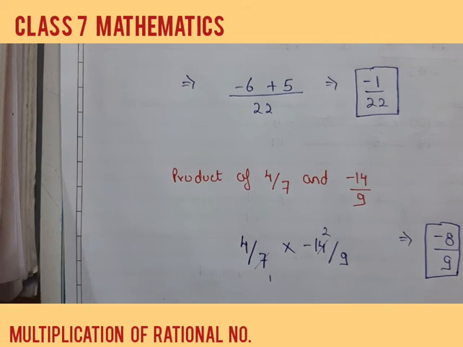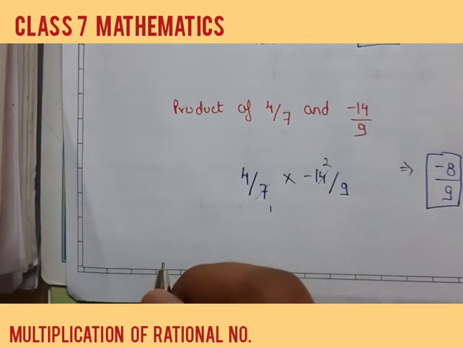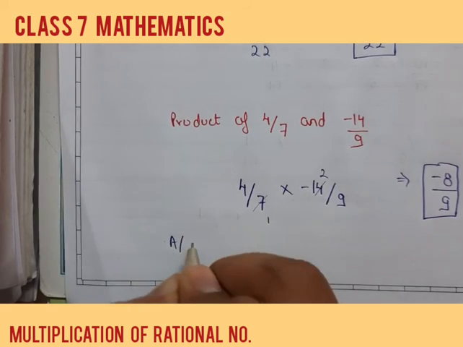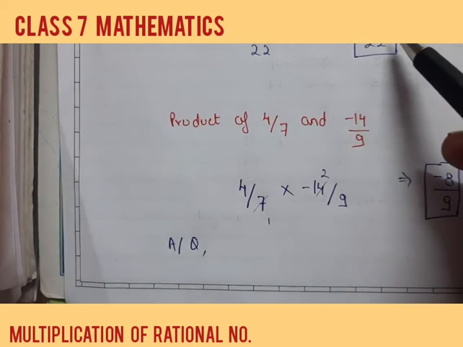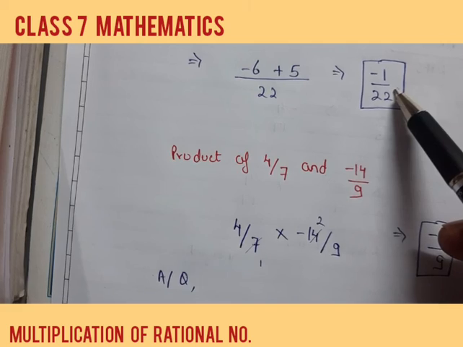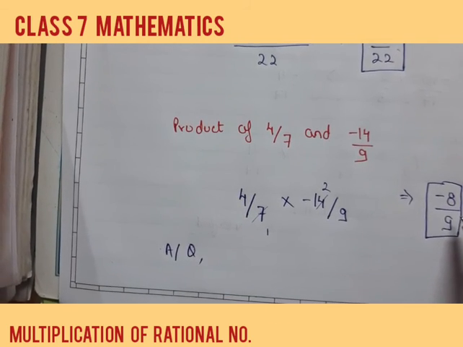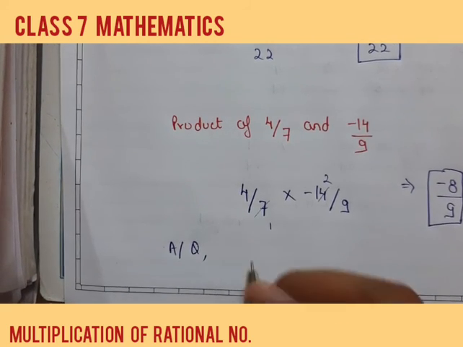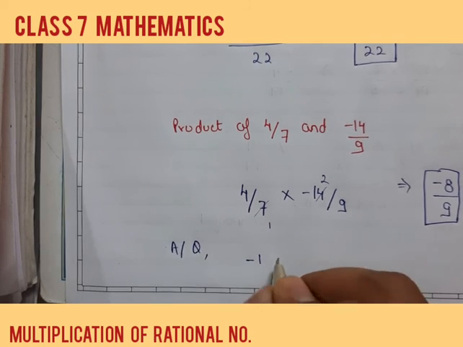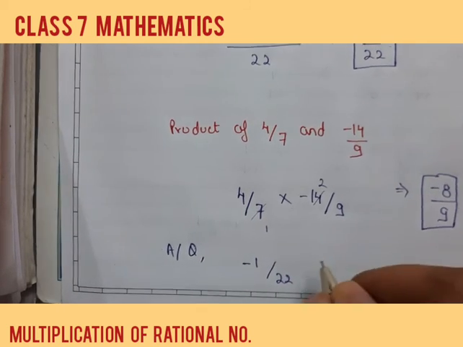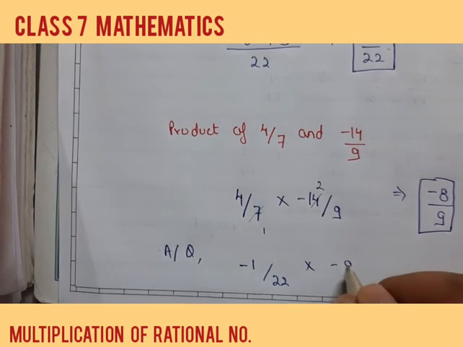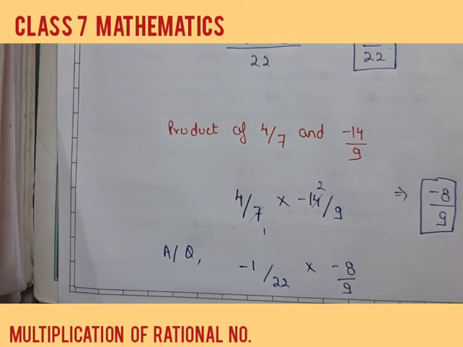Now according to the question, we need to find the product of minus 1 upon 22 and minus 8 upon 9. So write it down: minus 1 upon 22 into minus 8 upon 9.